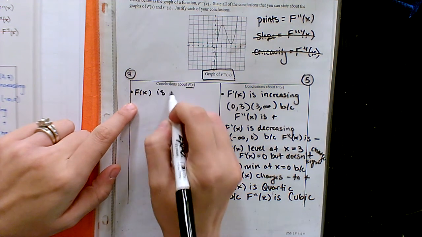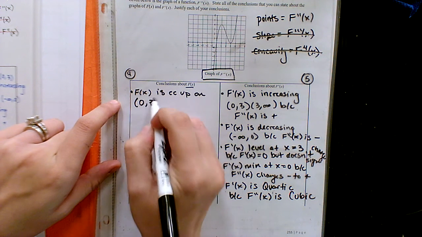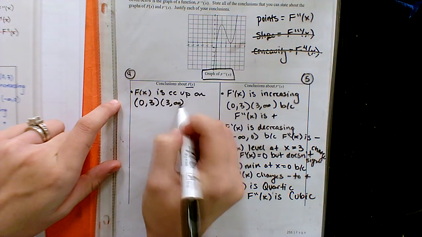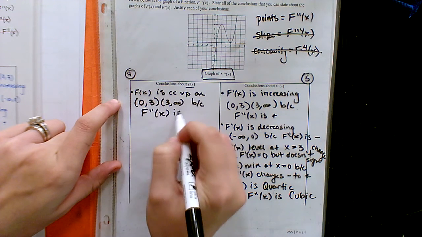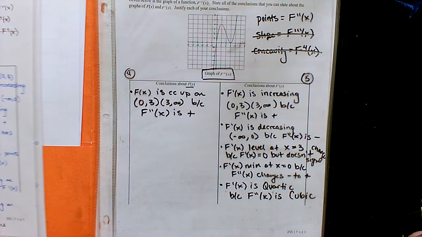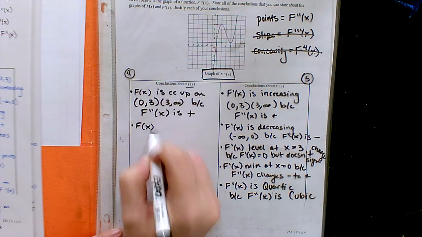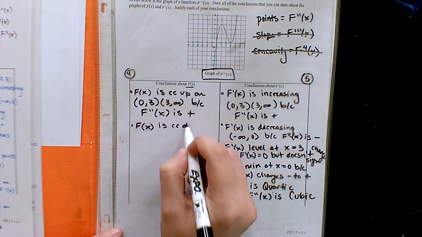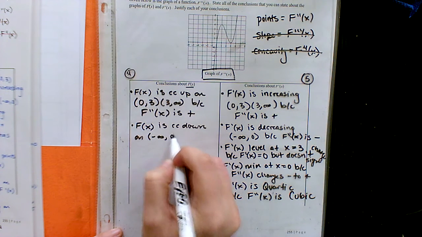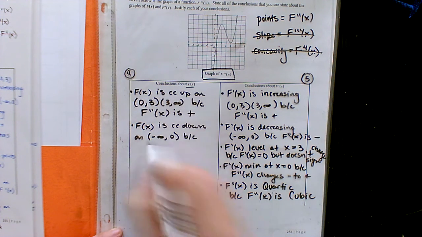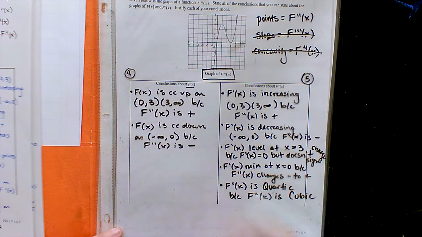So f of x is concave up on the same intervals because the second derivative is positive. Similarly, f of x is concave down on negative infinity to 0 because the second derivative is negative.